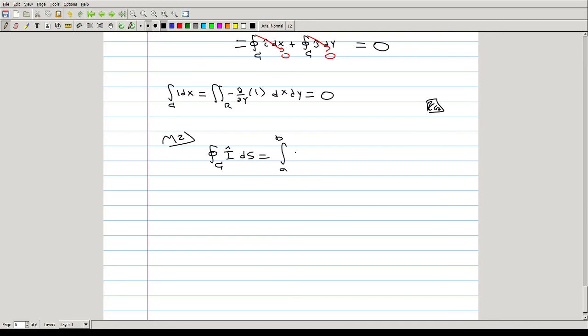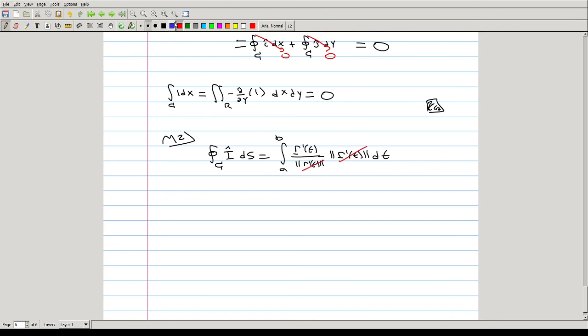In this case, this is going to be T hat, which we know is r prime of t divided by the magnitude of r prime of t. And ds, remember, is going to be the magnitude of r prime of t, dt, when we go to evaluate this.